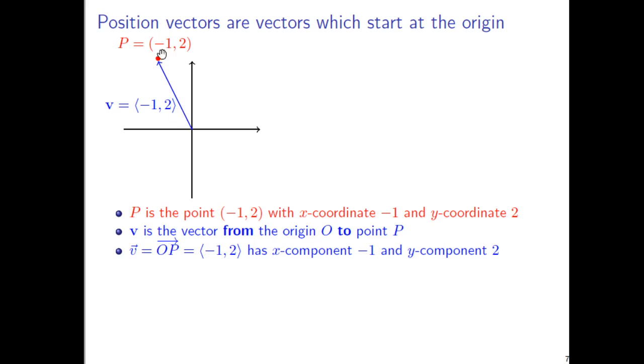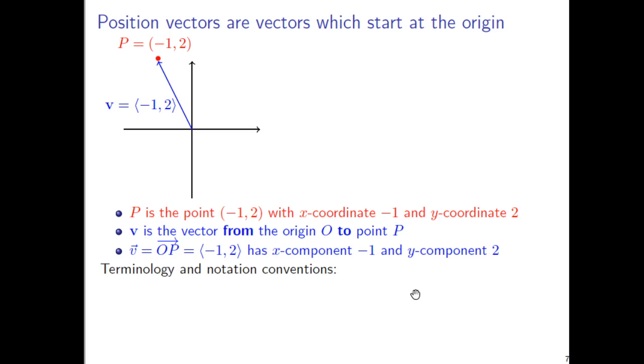And when a position vector ends at a point, like in this example (-1, 2), then we'll use those same numbers. We'll borrow the coordinates of the point and make them the components of the vector. So this vector V has first component -1 and second component 2, or x component -1 and y component 2.